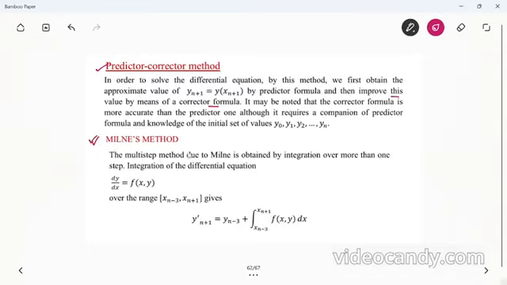This multi-step method due to Milne is obtained by integration over more than one step.